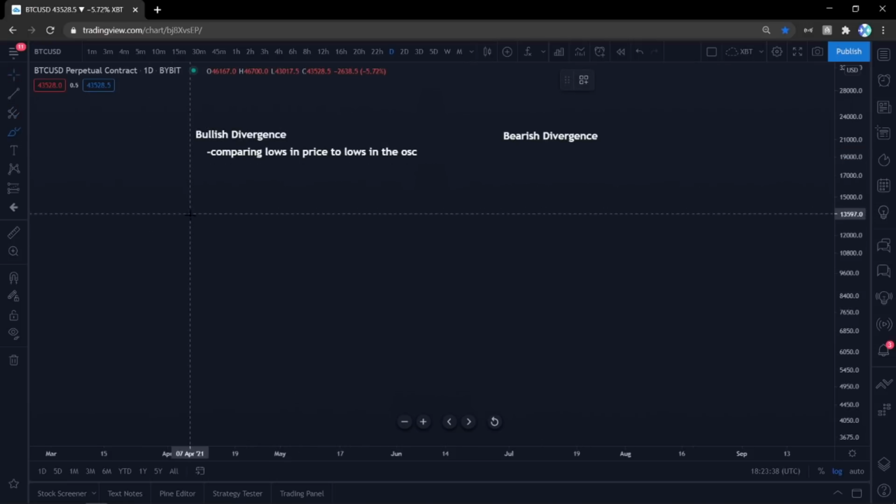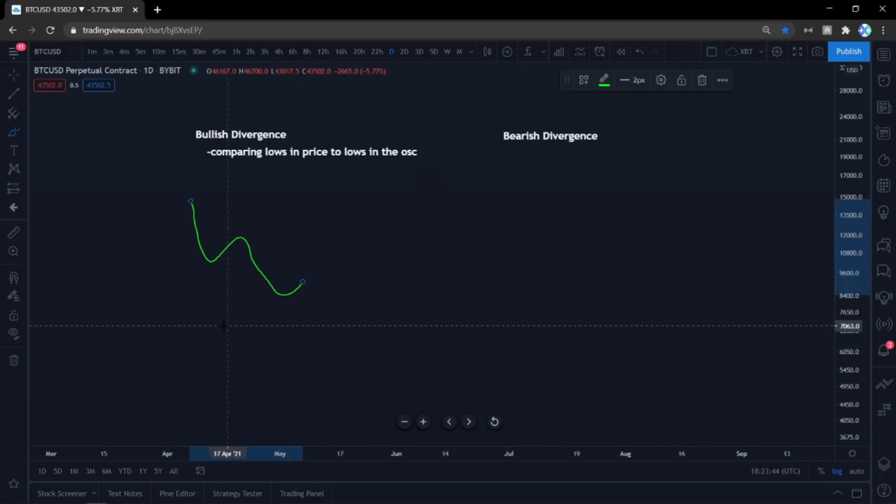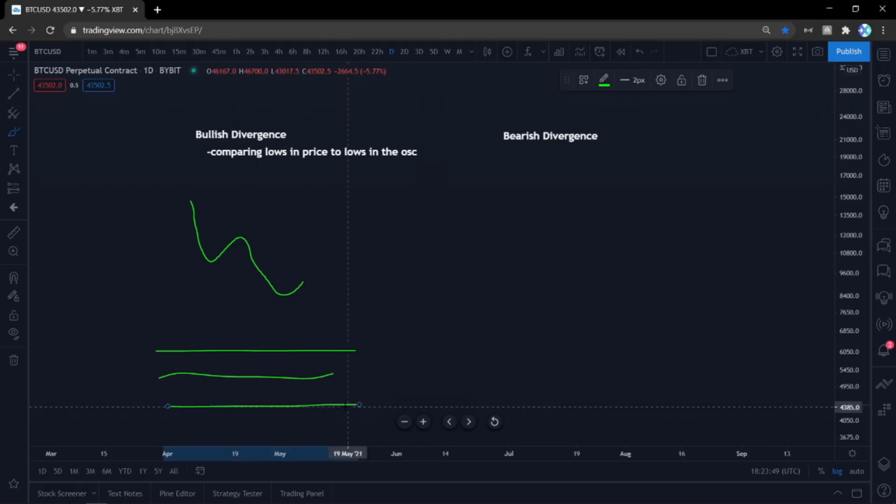So when you see a bullish divergence, what you're going to see is the price continues to go lower. You'll see this here. And then you see your oscillator, which is like swiveling around a bar like this. What the oscillator will look like is this. So we're going to come down like that, and then we're going to create a higher low. Do you see this?